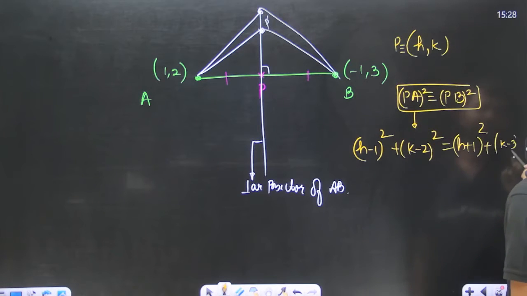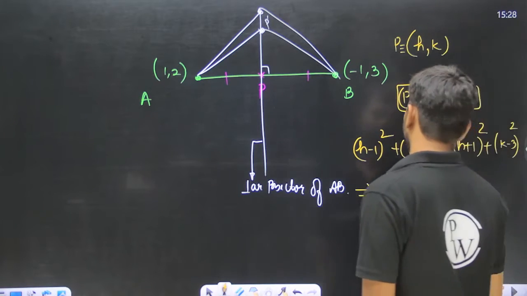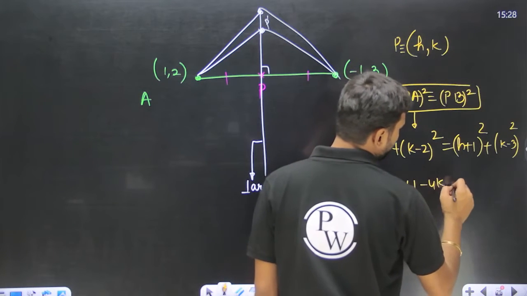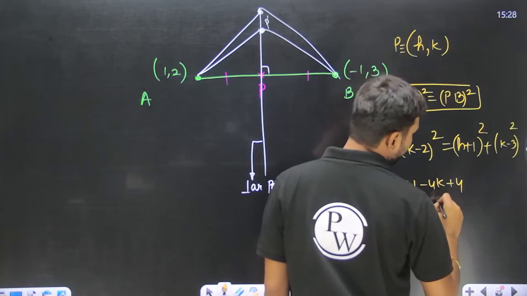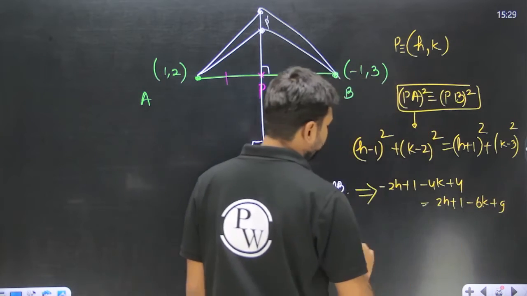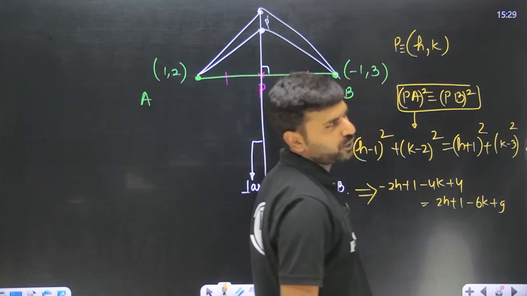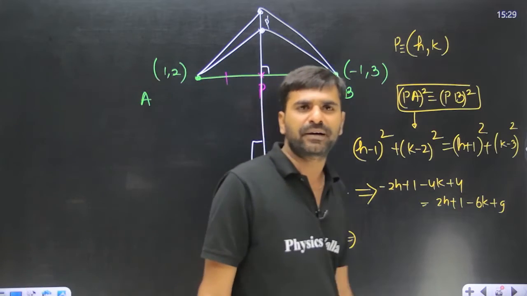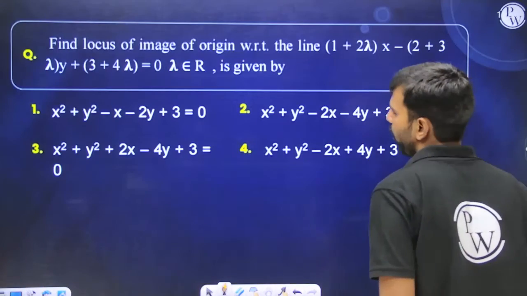If that is the thing, you just solve this particular thing and you will have your answer. So minus 2h plus 1 minus 4k plus 4, h square and k square are already cancelled, equals 2h plus 1 minus 6k plus 9. Just simplify this thing. What you will get is your equation of locus, and that equation of locus is going to be nothing but the perpendicular bisector of the line segment joining AB only.